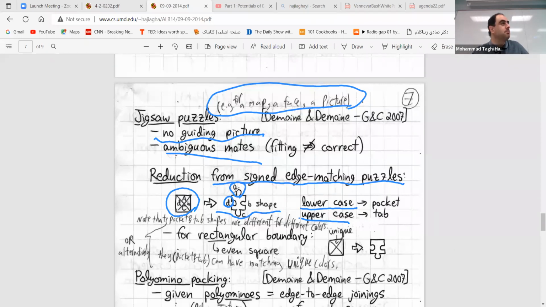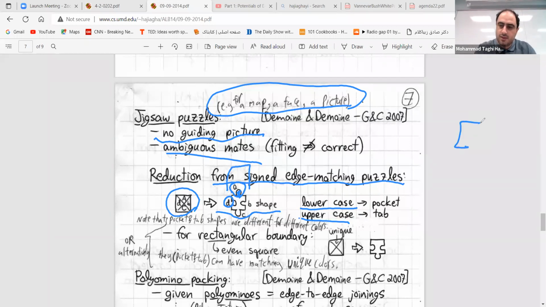So color A should match color A. Then we don't need to have the capital A here, because we can just make it the non-capital a, because it is already a tab. Good. And the color should match with the area of the other piece.